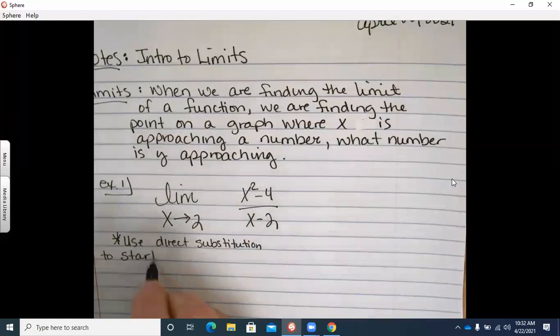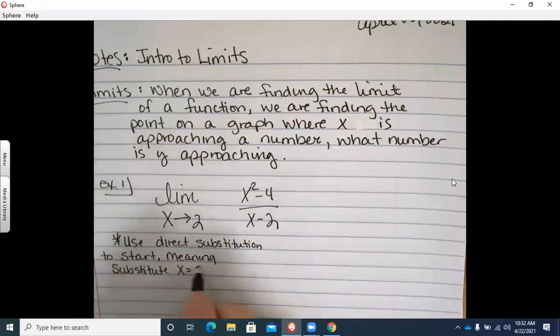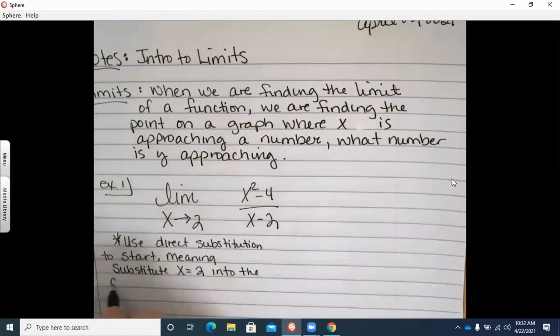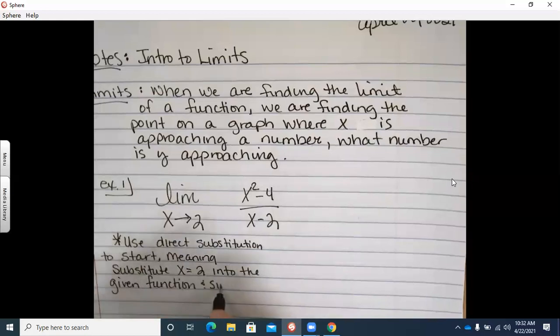Meaning, substitute x equals 2 into the given function and simplify. So if that was as x is approaching 4, plug in a 4. As x is approaching 5, plug in a 5. It's not always 2. It's whatever your x is approaching, okay?